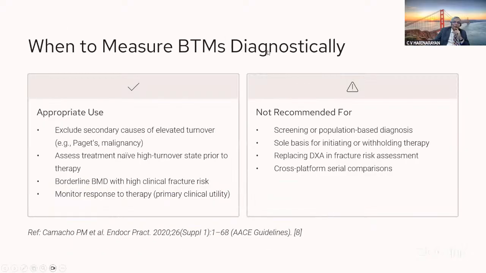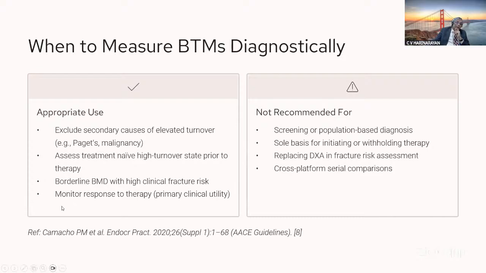So when to measure turnover markers? It is appropriate to exclude secondary causes of elevated turnover, for example Paget's disease and malignancy. Assess treatment naive high turnover state prior to therapy, borderline BMD with high clinical fracture risk, and monitor response to therapy, which is the primary clinical utility.